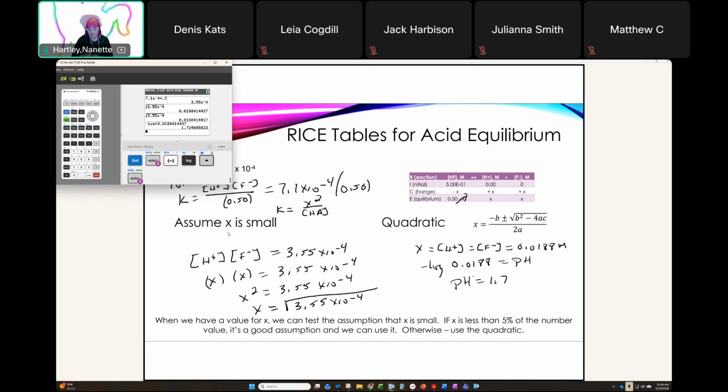I do have a small question about the ice table. So when you have the products and then you have the reactants after that, is that why you have the plus X signs on the other side? If the situation was reversed and it was H plus and F minus, with the end result being HF, then the HF would be the plus X, but the H plus would be the negative X on the ice table.